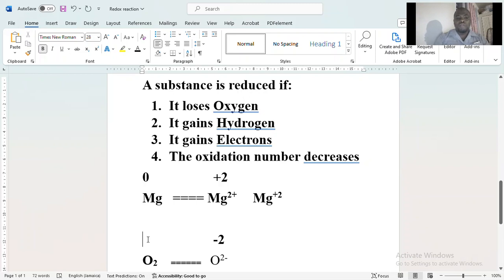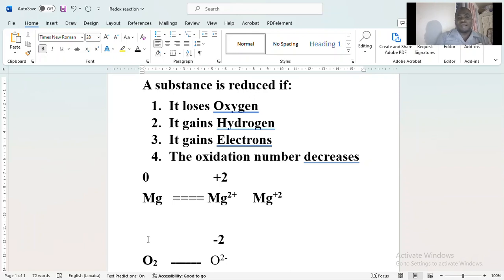I don't know if I mentioned it, but one of the things is the rule. I zeroed in on the magnesium and told you that the electrons and the protons are basically the same. It would be the same for the oxygen atoms.